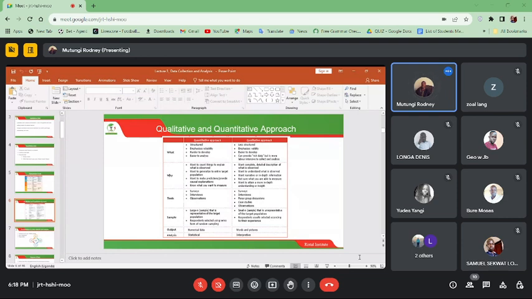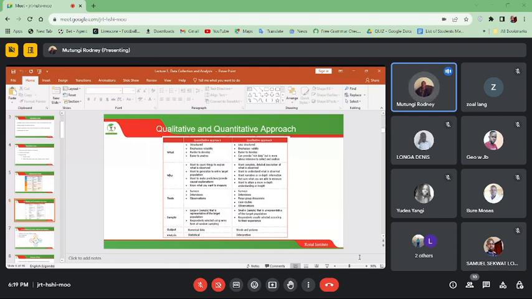Okay, so we also realize that quantitative is harder to develop, but qualitative is easier, because qualitative does not need a lot of sophisticated questions to set. You can even set some questions when you reach the field, as per what you need.